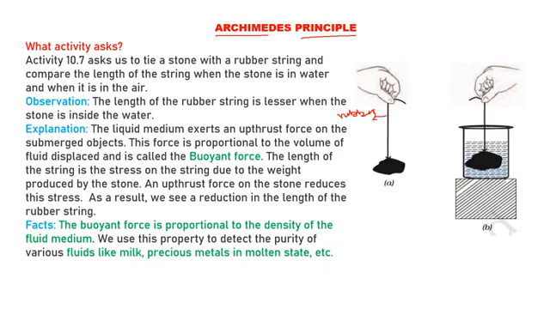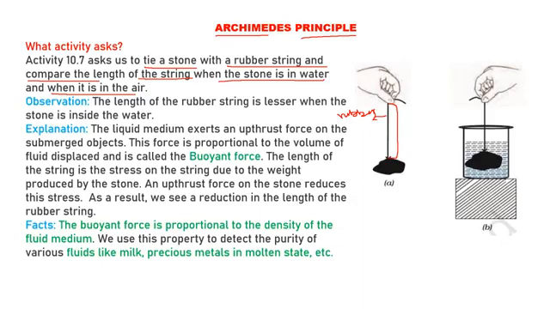Now let's start the activity. Activity 10.7 asks us to tie a stone with a rubber string and compare the length of the string when the stone is in water and when it is in air. Here you can see the length of the string, right?